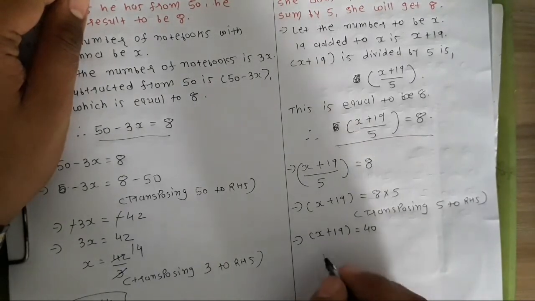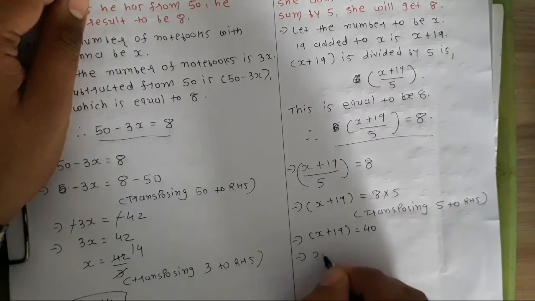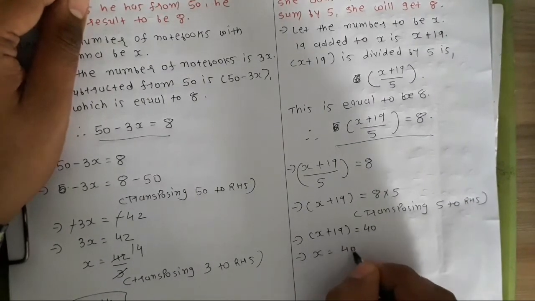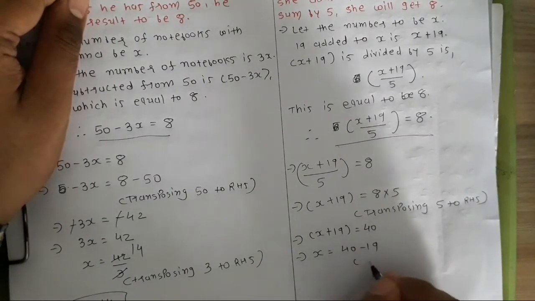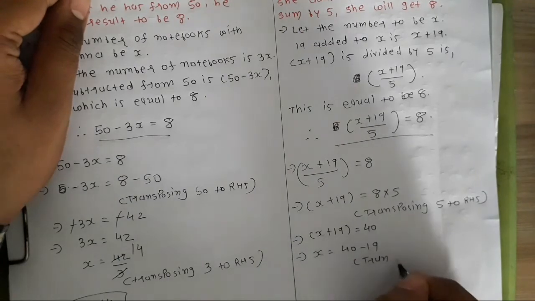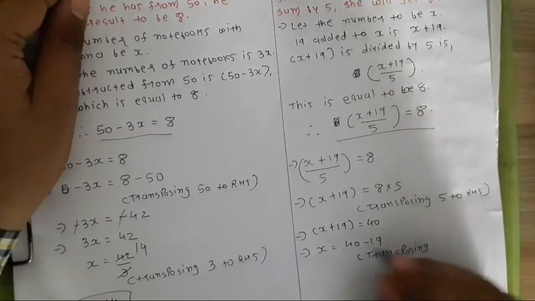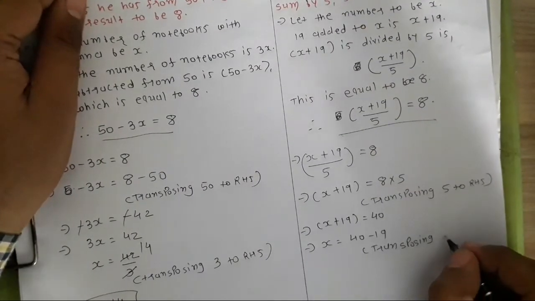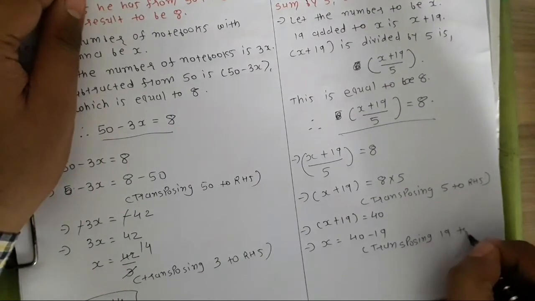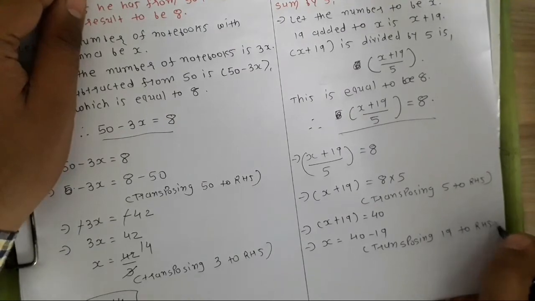Now this is the value of x plus 19. Now I have to find the value of x. So for that, 40 minus 19. When I change the side of any number, the sign will change. So plus 19 will become negative 19.